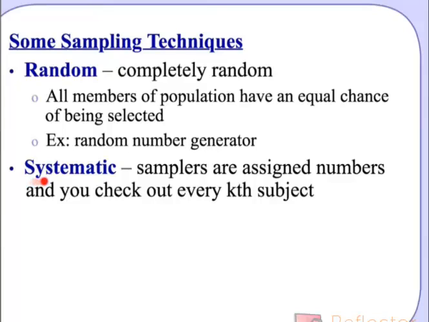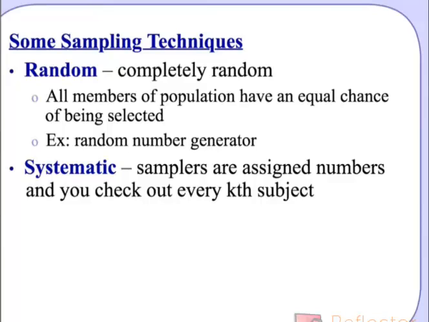The second type is systematic. What this means is we're going to choose every, say, 10th person that comes through the door. You've heard of different things that happen. Every 100th customer gets a reward, or the 1000th person gets this or something. Those are systematic.